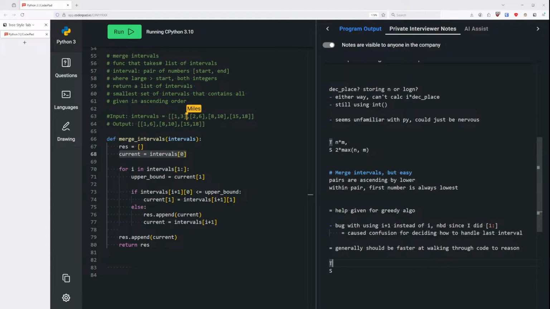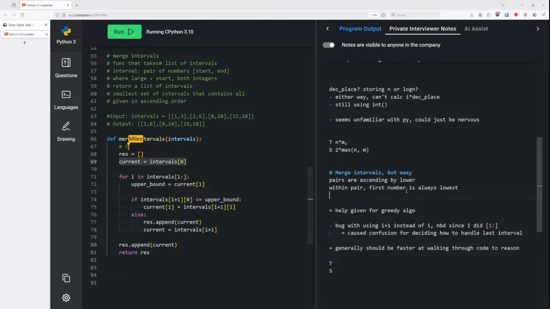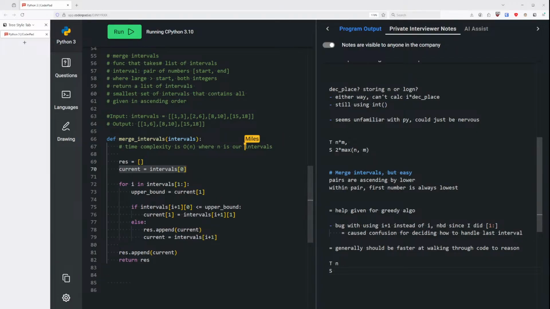So we read this one once, and then we move on, or we grow it, and then we read the next one. So I think complexity is O of n, where n is our intervals, because we need to read each one just once and then add it to our results, or it grows.